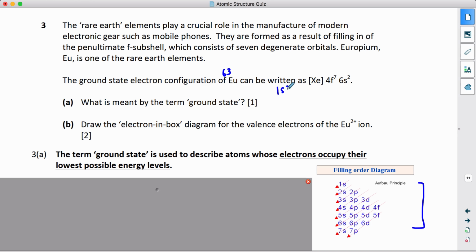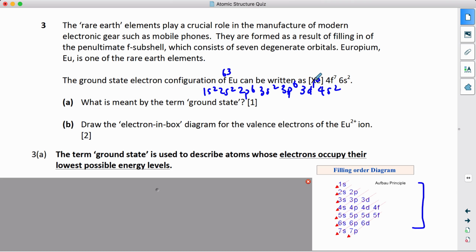It's 1s2, 2s2, 2p6, 3s2, 3p6. After 3p6 is 4s2, then 3d10.